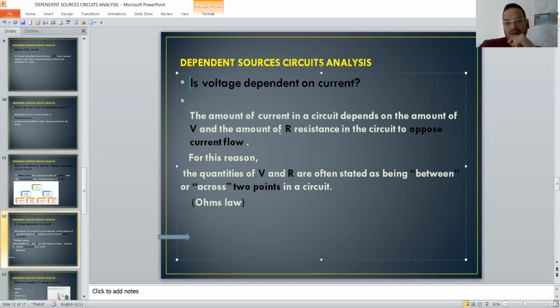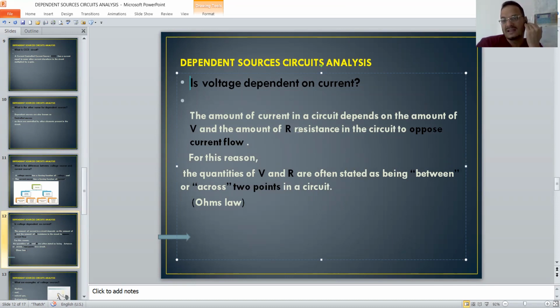That means the resistance is very important. If we change one, the other will change.